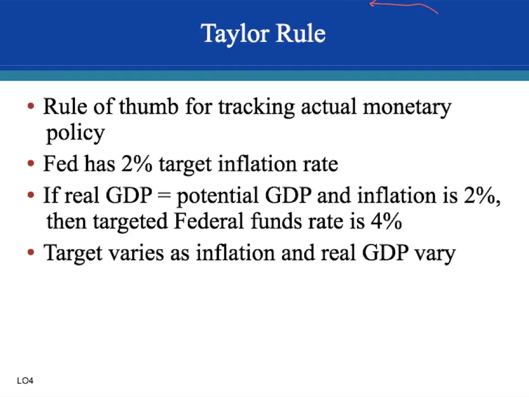And they can do both at the same time. So for example, if GDP is 1% above potential GDP and actual inflation is 1% above the target rate, then the Fed should increase the real federal funds rate by 1% total.